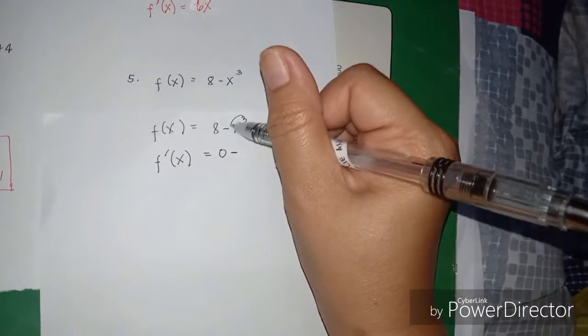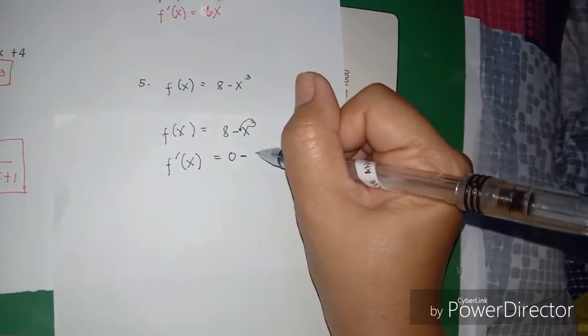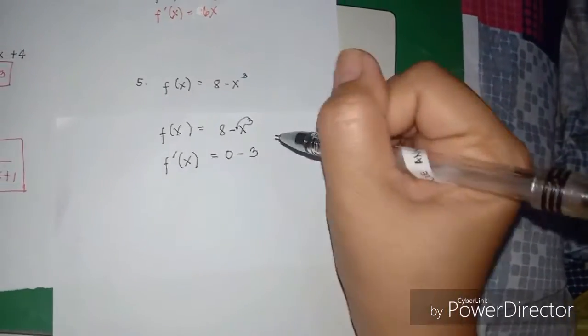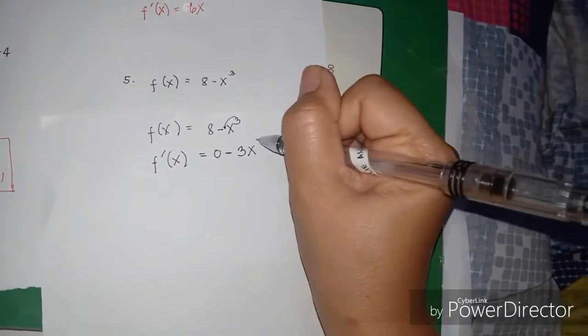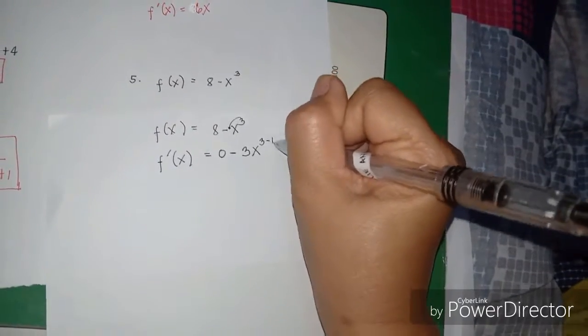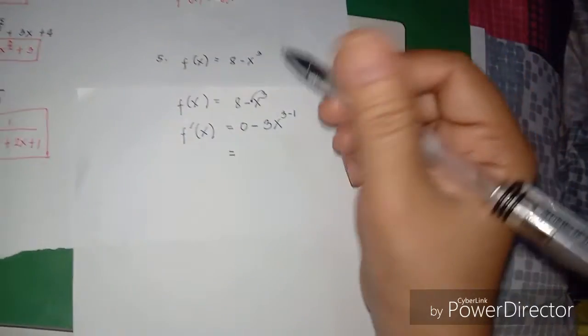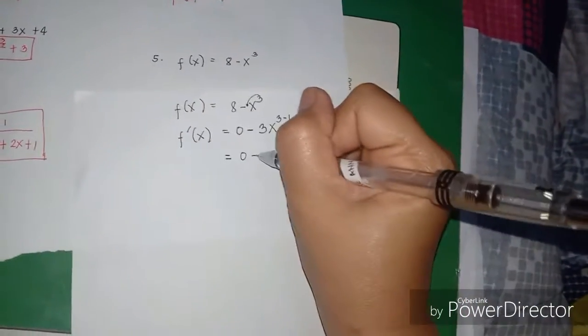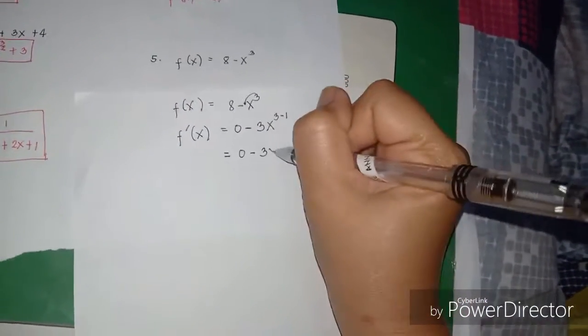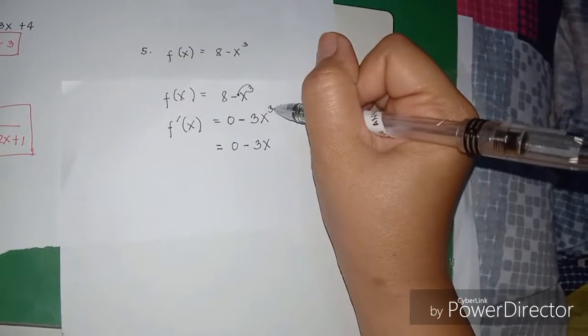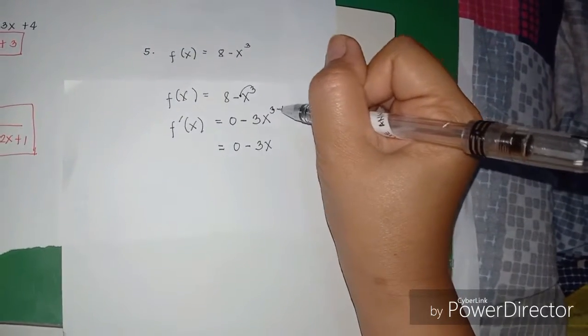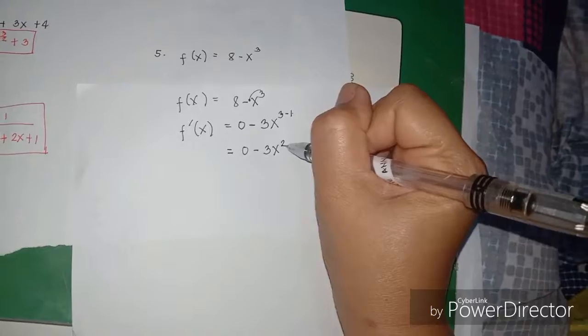So again, you simply drop the exponent in front, so you have here 3x, then reduce the exponent by 1, so 3 minus 1. So that would be 0 minus 3x, then the exponent is 3 minus 1, so you have 2.